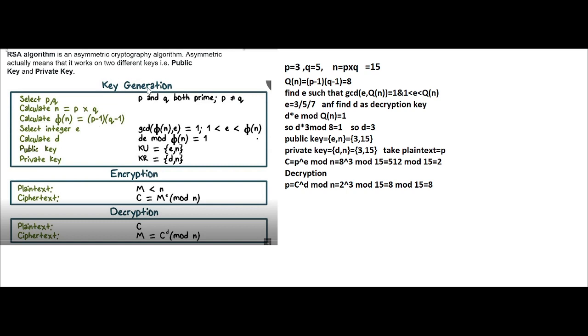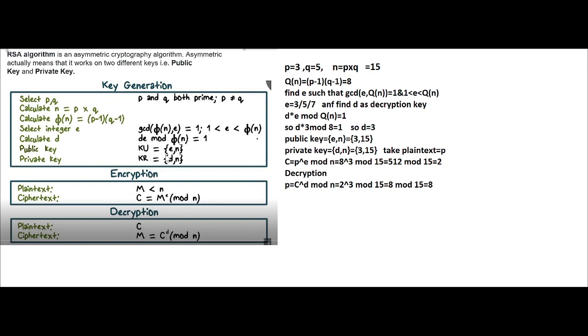How can I calculate E? We take the GCD, the greatest common divisor, between phi n and E, equal to 1. Because it is prime, both of the GCD should be 1. Then E should be less than phi n.